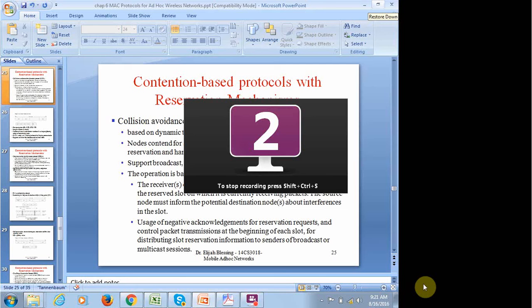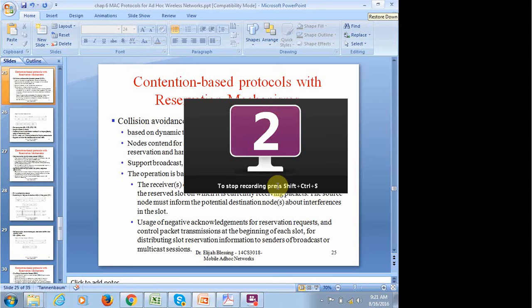Now how can it be viewed? We can say it's a time slot reservation protocol. That means it has time slots, but in each time slot you have a separate frequency channel. So it's on a time slot basis.